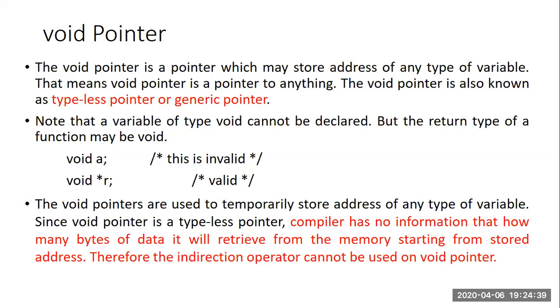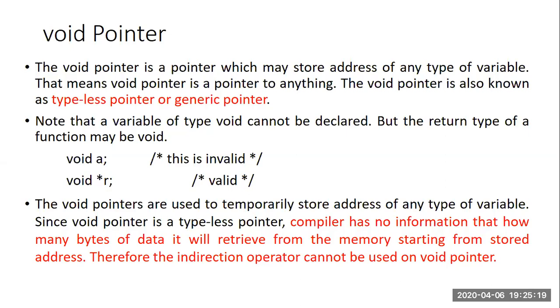But I can declare int *ptr, float *ptr, char *ptr. What is the meaning of int *ptr? ptr can store the address of another variable which is integer type. When I write float *ptr, it means ptr is a pointer variable which can store the address of a float variable. And when I write char *ptr, it means ptr can store the address of a character type variable.